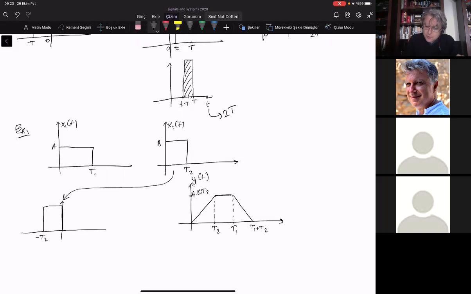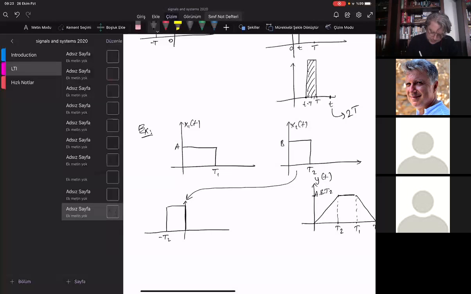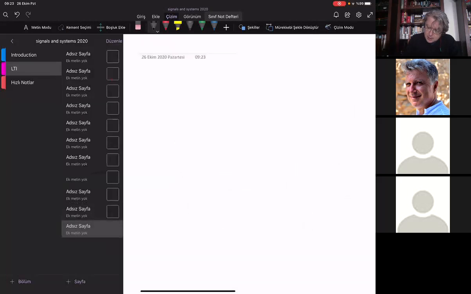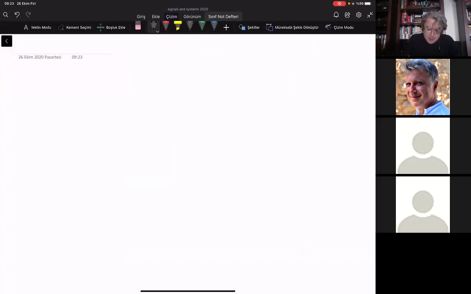Now I will open a new page to give a few further examples of convolution. And one example that I will try to make is this triangle from minus capital T to T. This is x1 of t.